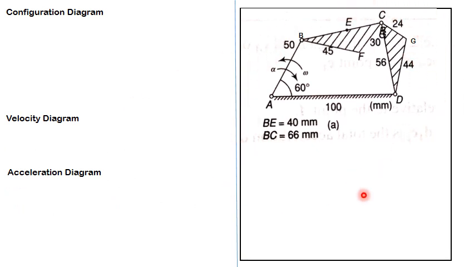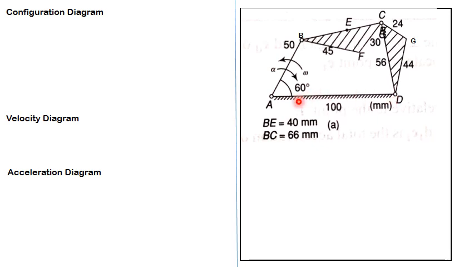If you see this mechanism, the longest link is 100 mm, and if I go for 1:1 scale, I need to draw a 10 centimeter line, which will be very long.